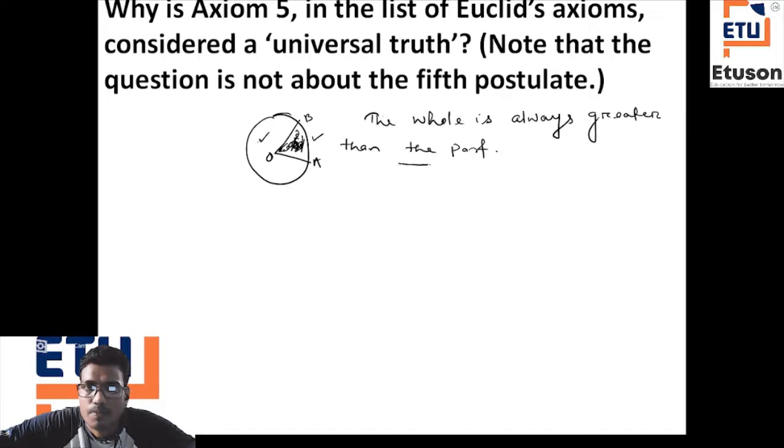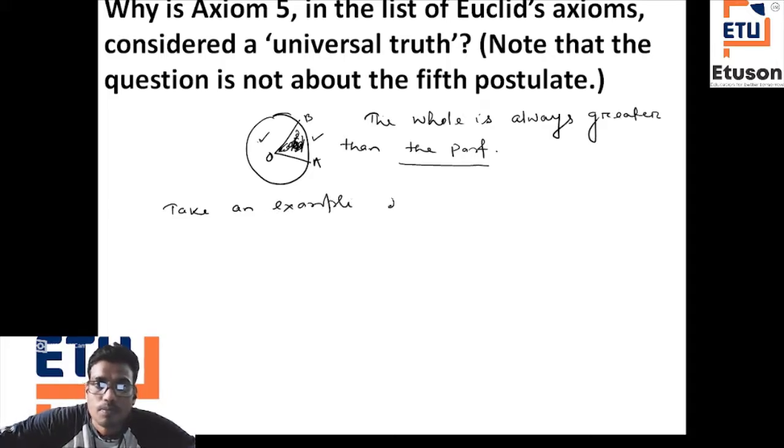था, मतलब what I mean to say, ये एक एक्सियम था, right, एक्सियम 5 यही था, तो क्यों हम उसे कंसिडर करें as a universal truth. Let's take an example of cake.